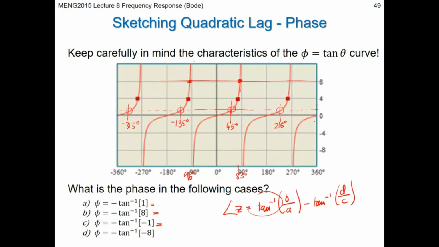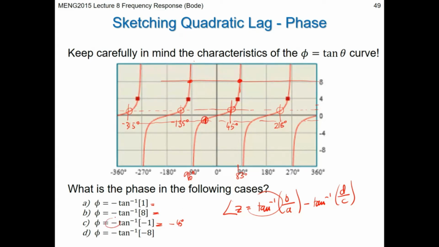Then the same thing for minus 1. Minus 1 will be down here. So if we take the inverse tan of minus 1, then we're going to get minus 45 degrees. That's coming from here.